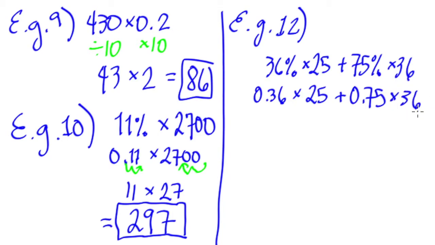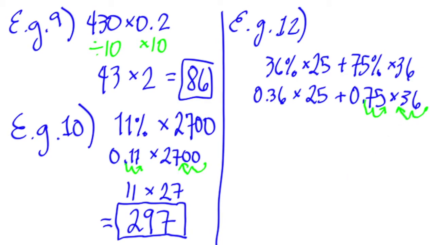And how about this? What if we apply this number 10 trick to this part of the expression? If we do that, the decimal point over here will move twice to the right, and the decimal point in the 36 will move twice to the left.